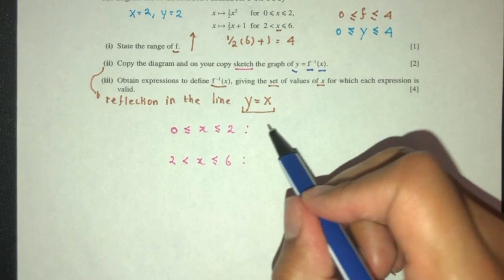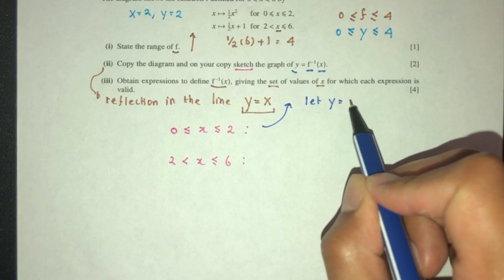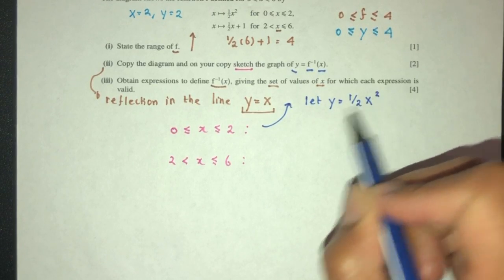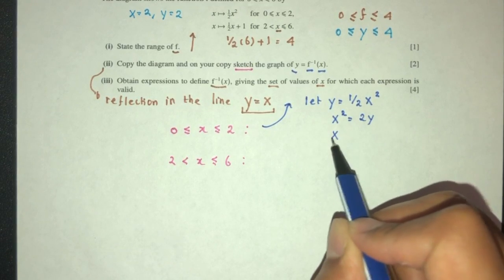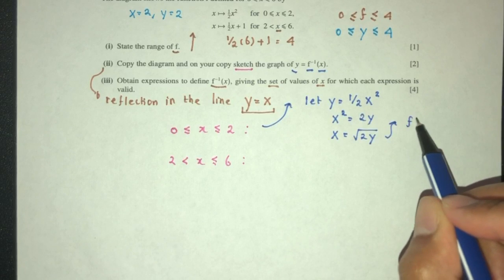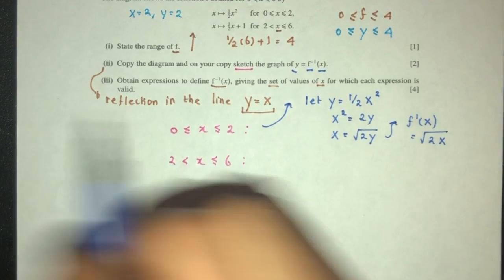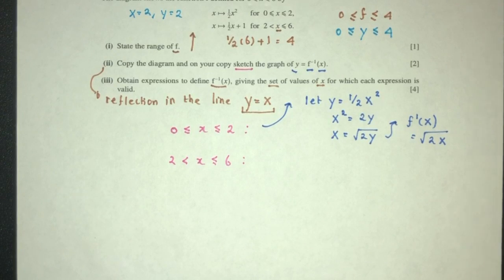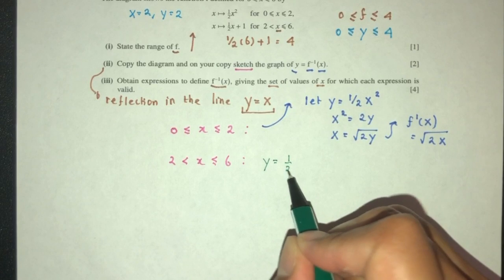One by one, here we have to let y equal to half x squared. x squared can be 2y, x can be root of 2y. So here we have f inverse in terms of x, that will be root of 2x. Now for this one, let y equal half x plus 1.